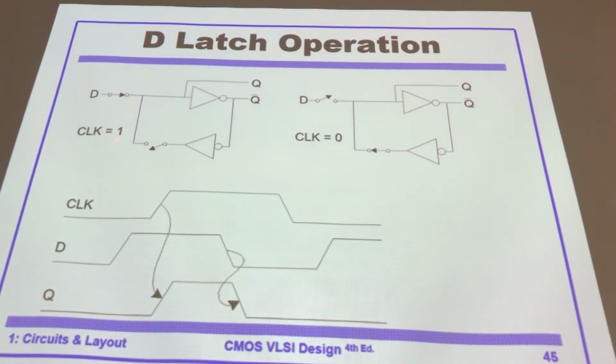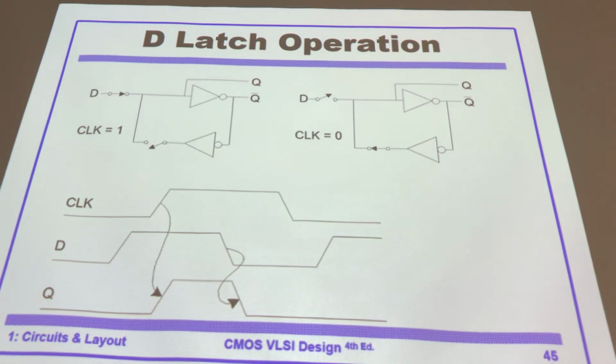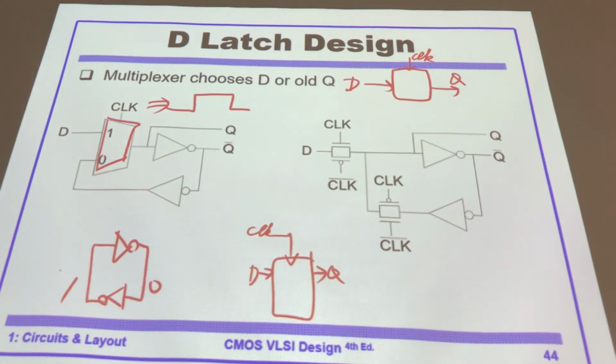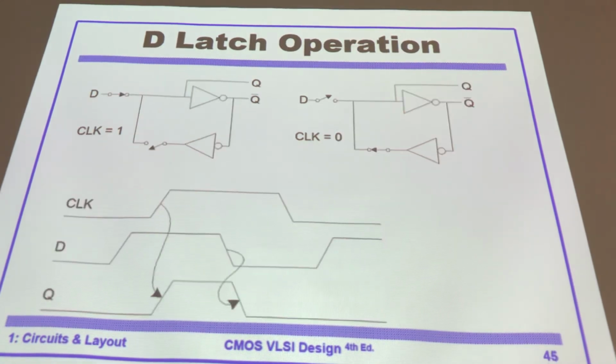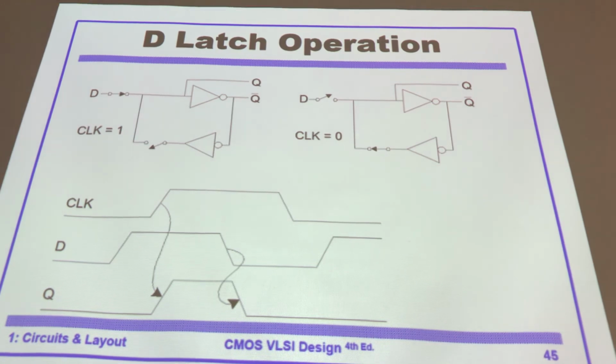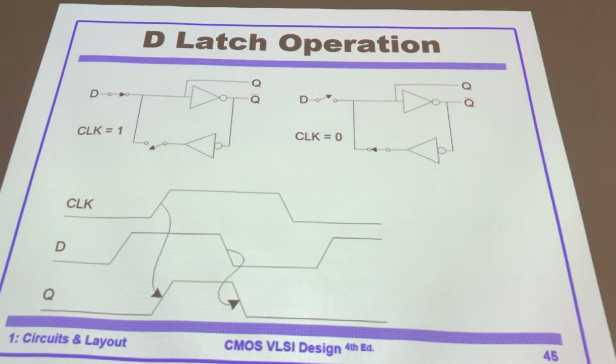When clock is high, as I say, this is a two input multiplexer. When clock is high, you open the door, you let the value at the outside get into the inside, changing the value.